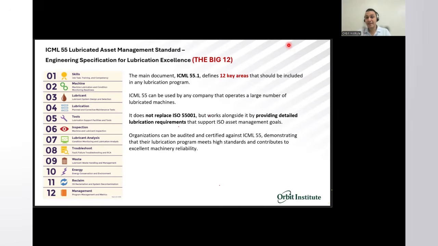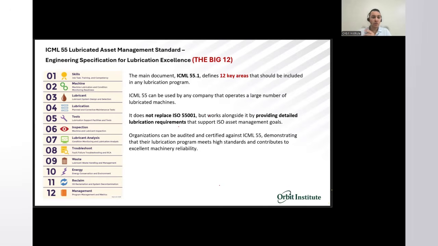Okay, so again, the ICML 55 can be used by any company that operates a large number of lubricated machines. It does not replace the ISO 55000 asset management standard, but they work together to provide a detailed lubrication requirement that supports the ISO asset management goal.